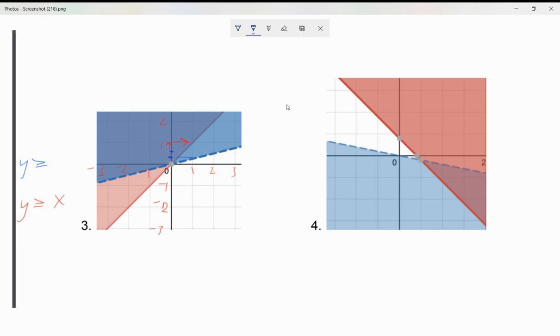So it's 0.25x. Oh wait, don't do what I just did. It's a dotted line, remember? So there's no line underneath this. Sorry about that.